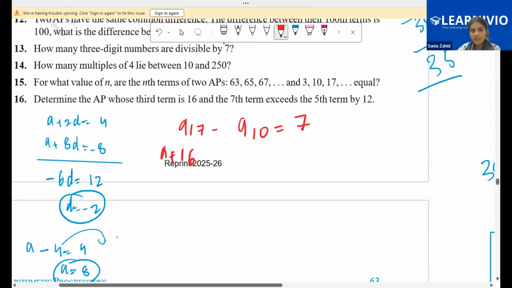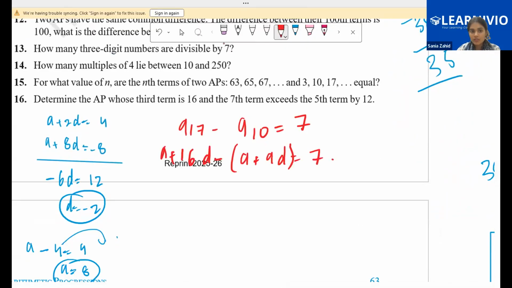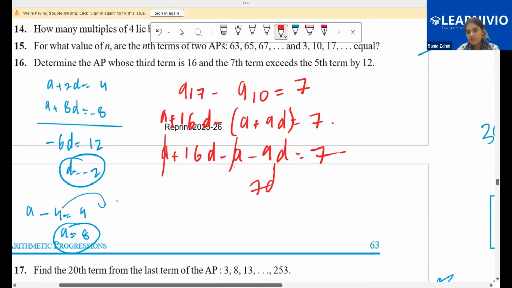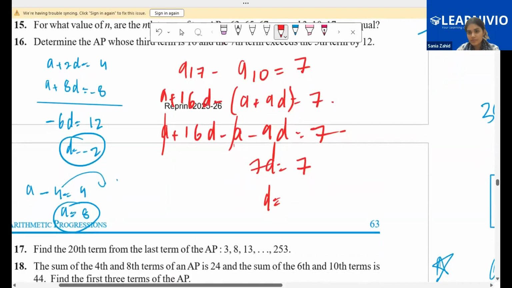So A plus 16D minus A plus 9D should give you 7. You cancel this. What's 16 minus 9? 7D. Good.